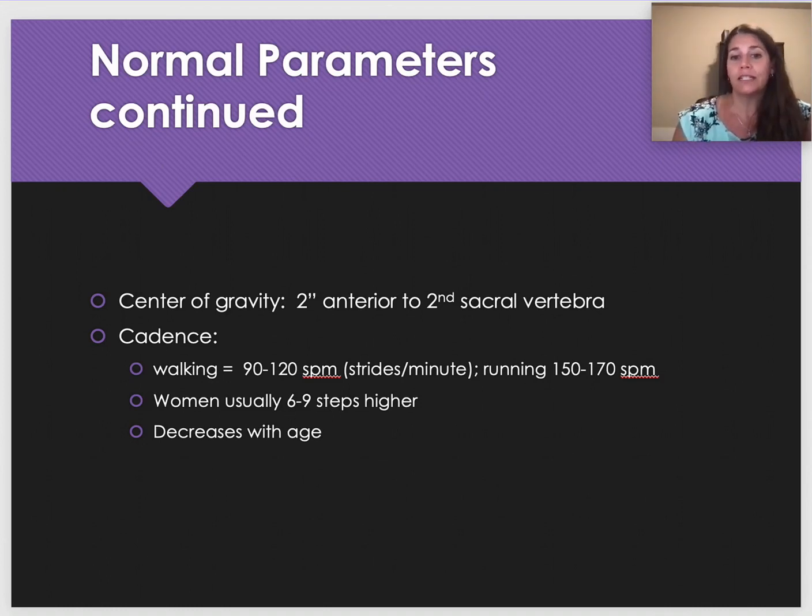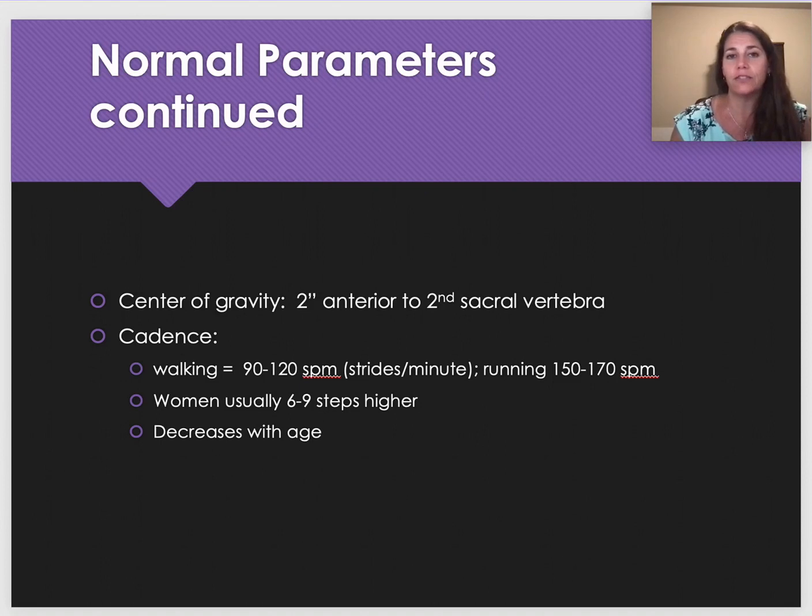Women usually take 6 to 9 steps more than men, unless you're like me and you walk like a dude. So then you take just the same number of steps as guys. You do decrease the step length and width, as well as the number of steps that you take per minute, because 1, your turnover goes slower, and 2, your stride length and width go down because you want to stay within your base of, or center of gravity within your base of support better.